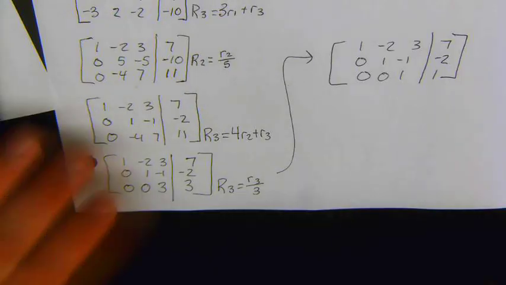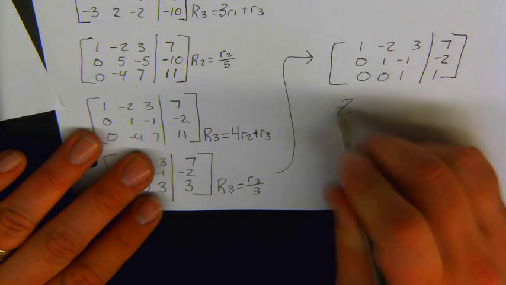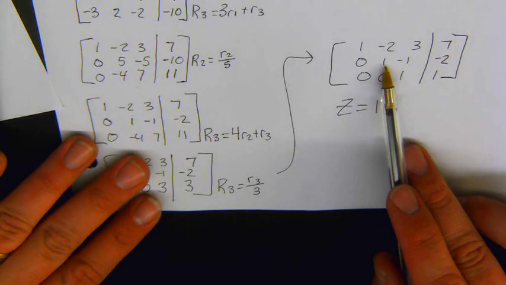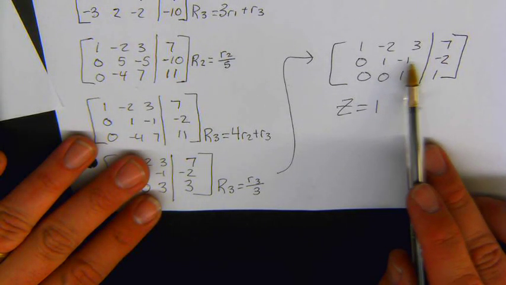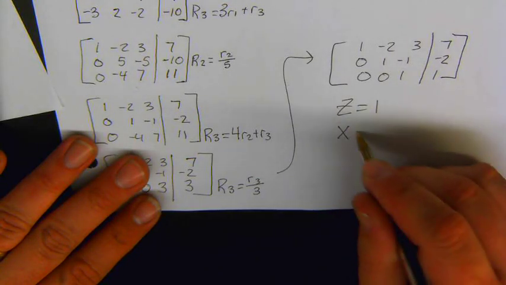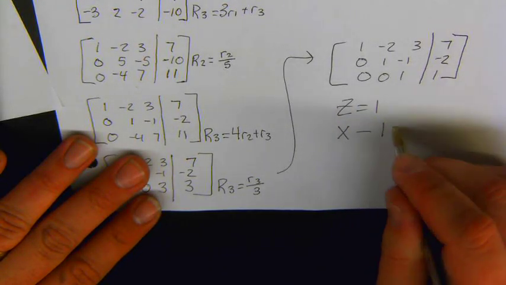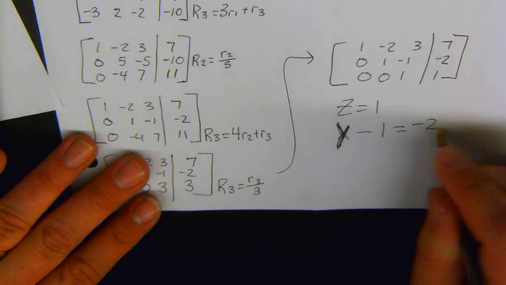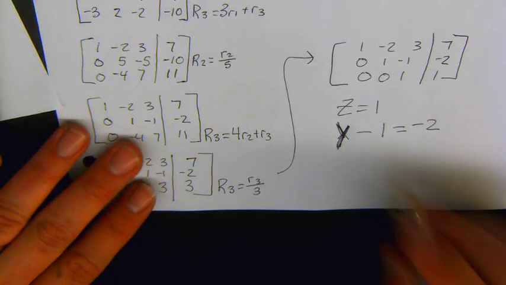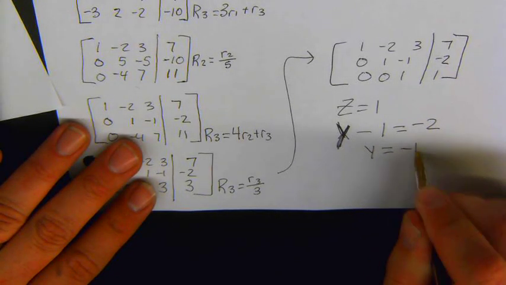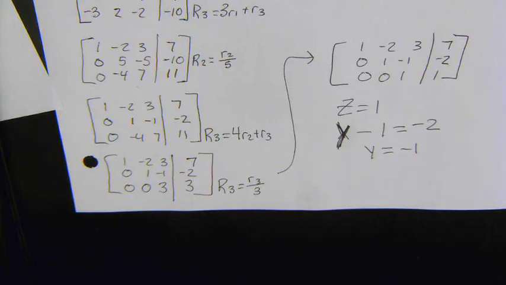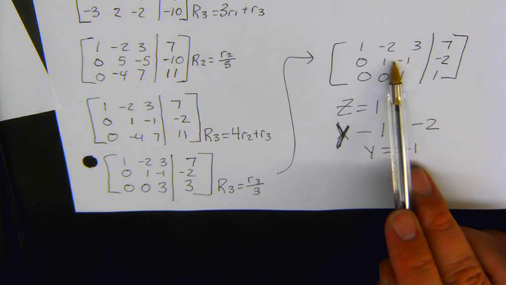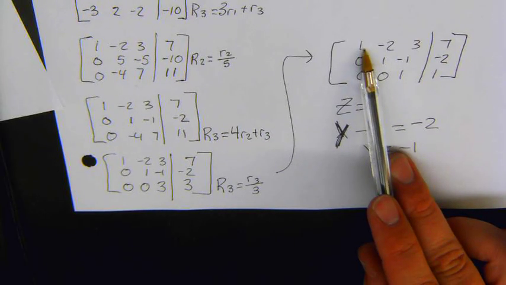Okay, all right, so now we know our z. That's 1. We could plug that in to the second row. So this is y minus 1 equals negative 2. Y equals negative 1. Okay, that was using the second row. And now we could plug the y and the z into the first one. So you're just working backwards.